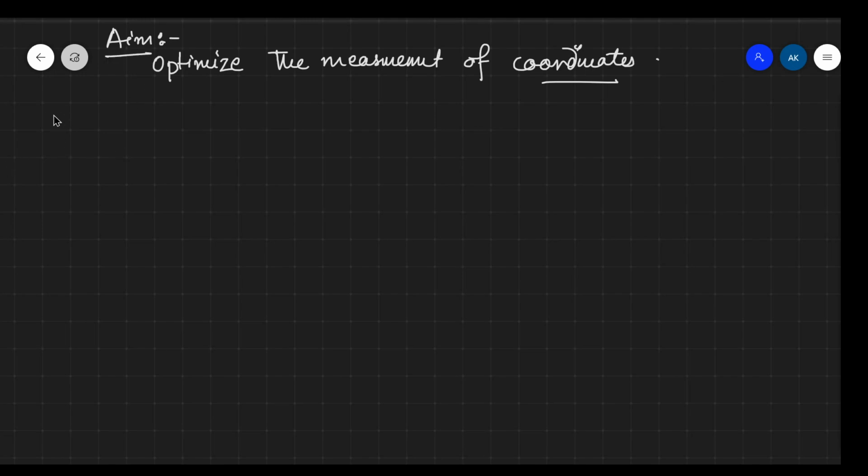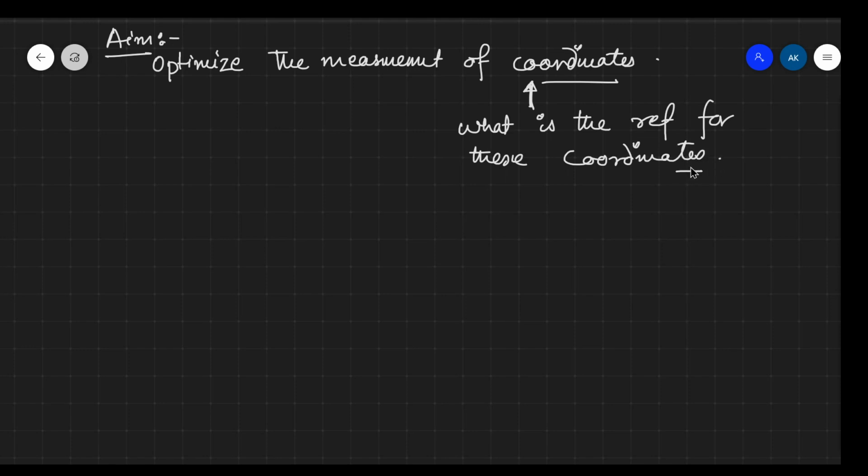But now you should ask me, sir, if these are the coordinates, then what is the reference for these coordinates? Because till now you have studied coordinates in the xy plane or in the 3D xyz space, and you always had one origin, one starting point from where you started your measurements.